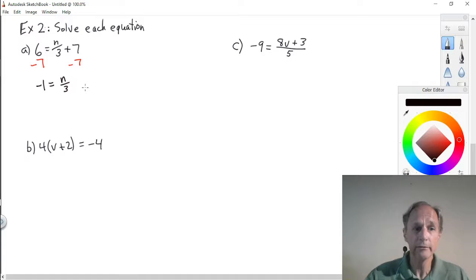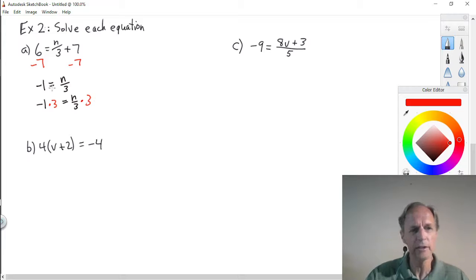And now we can get rid of the 3. And to do that, multiply both sides by 3. Leave some room for the red. And it's times 3 and times 3. Doing the same thing to both sides.